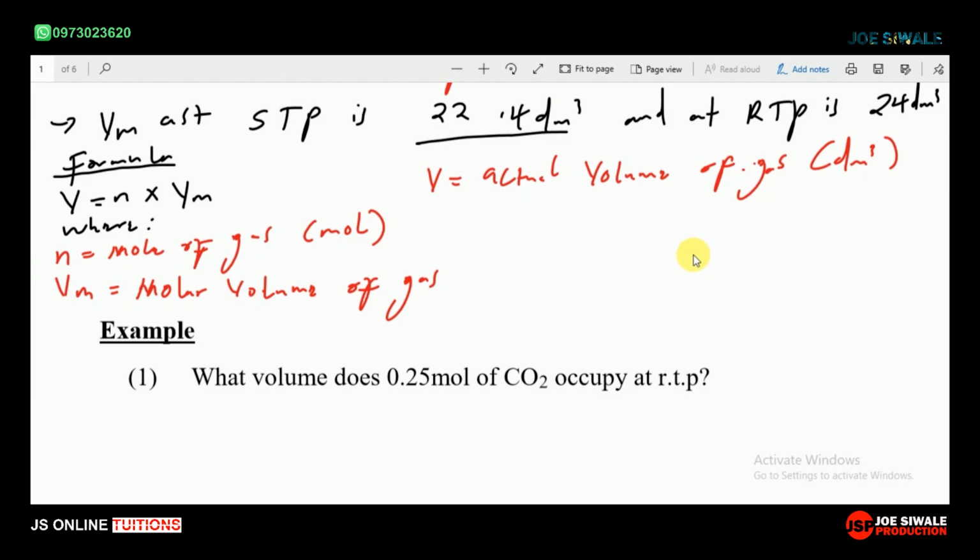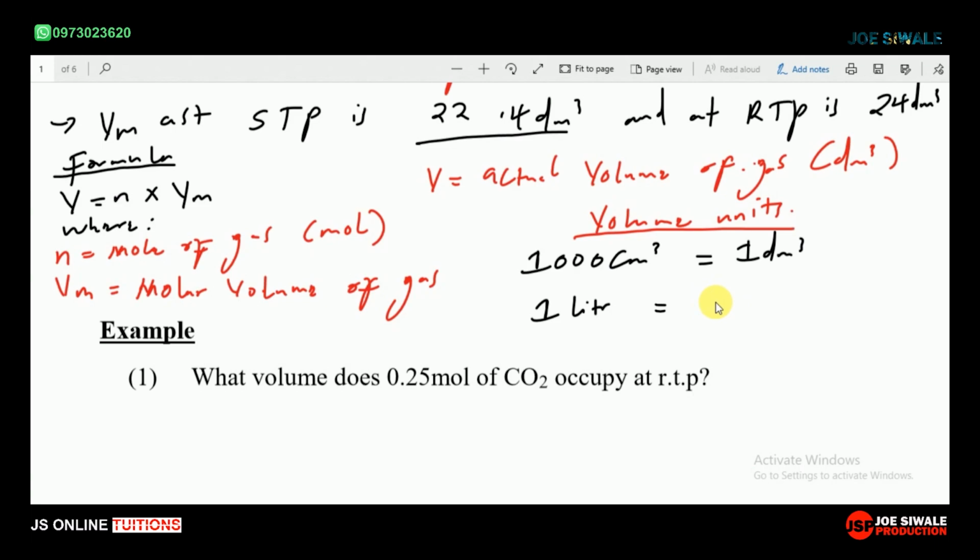Before we look at the questions, we have to take into consideration the conversions of volume units, the ones that we use when we are trying to convert cubic centimeters to cubic decimeters. We can say that 1000 cubic centimeters is equal to 1 cubic decimeter, and 1 liter is equal to 1 cubic decimeter.